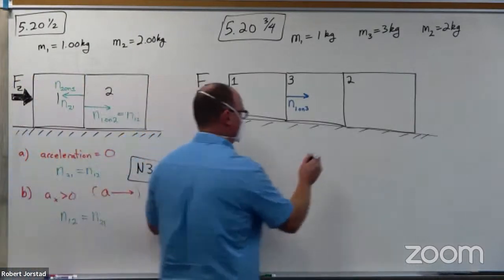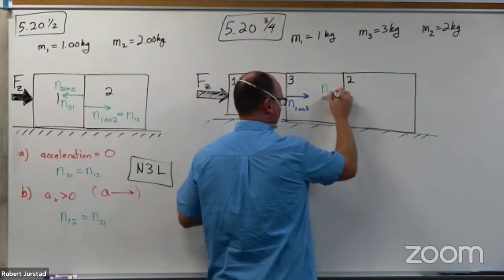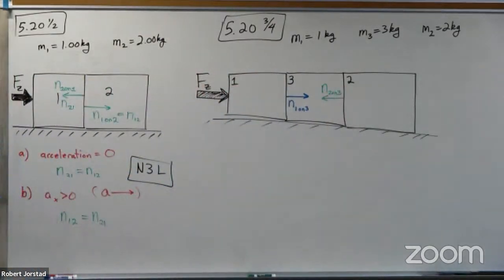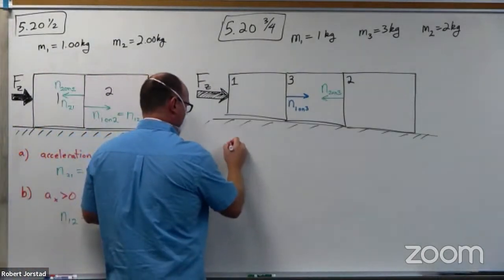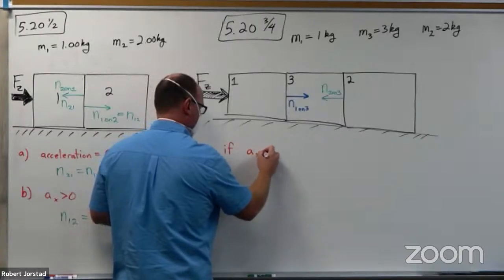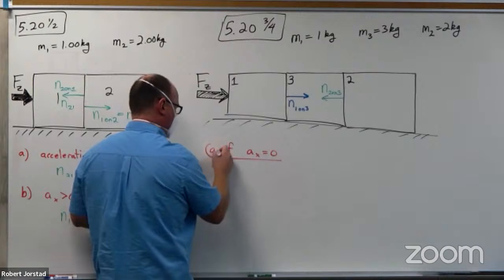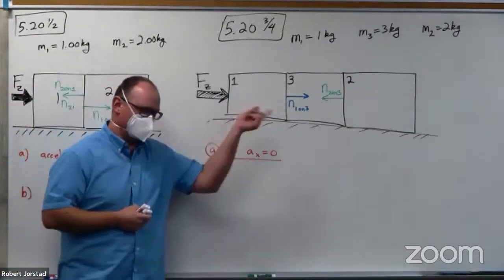Okay, so we've got these two normal forces. Part A is again, what if the acceleration is 0? Which one of these forces is bigger if the acceleration is 0?